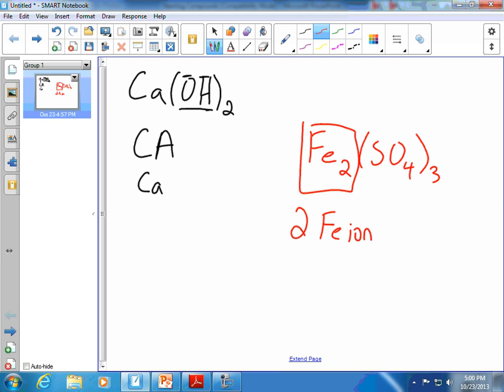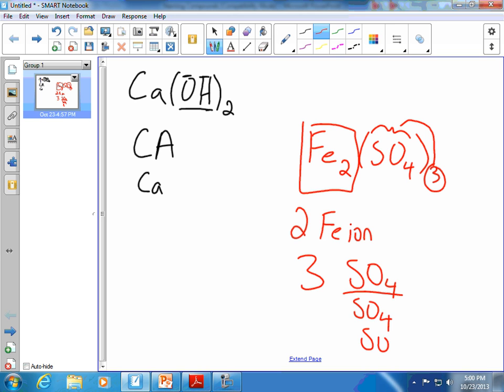Now, what we are talking about with the brackets is that this 3 applies to everything that is inside the brackets. So what it's saying is that I have 3 SO4s, an SO4 there, an SO4 there, and an SO4 there. So we have 3 of those, and you can count that as a single unit together.